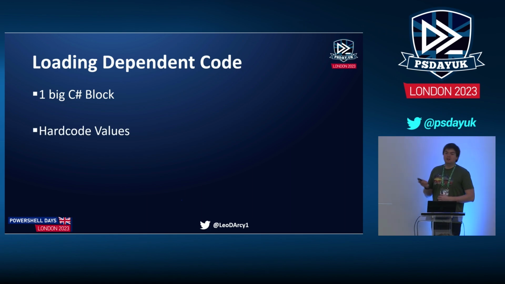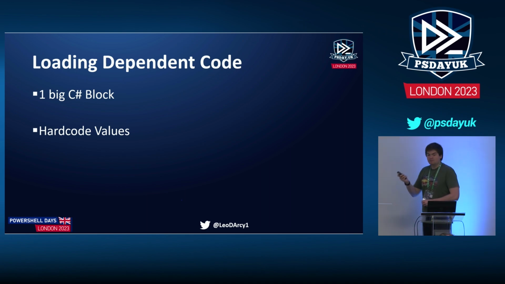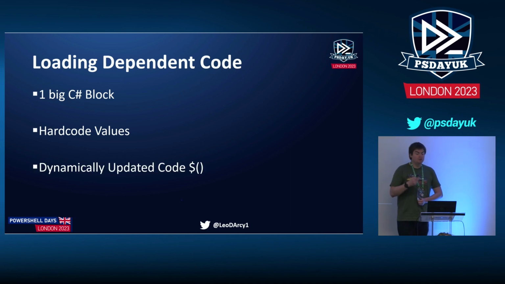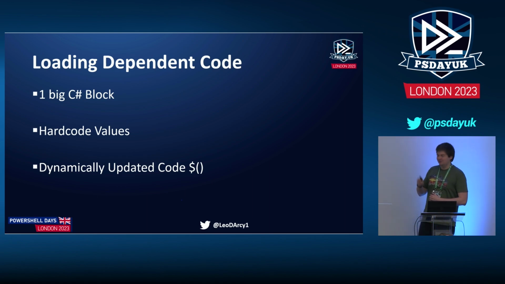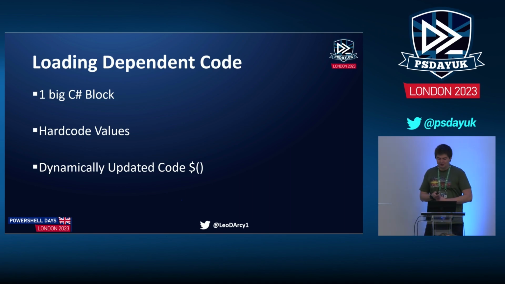You can just hard code those values, so things like those constants, they didn't need to be variables that are referenced. You can just make them numbers. And because it is just a block of text that then gets compiled, you can use your PowerShell to start dynamically updating your code with PowerShell conventions.